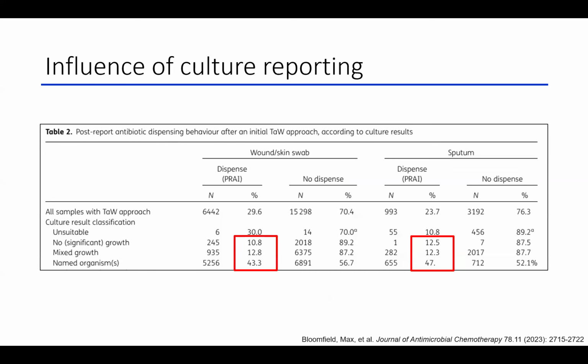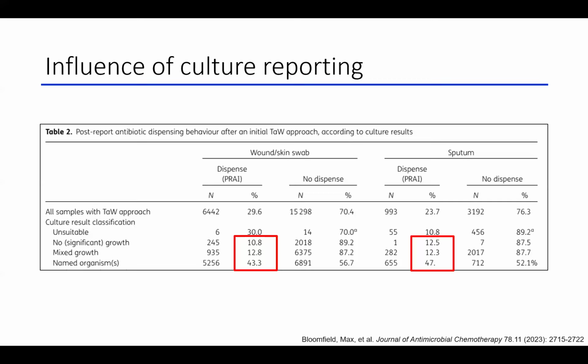You can see here in the red, their options were no significant growth, mixed growth, or name the organism. If you name the organism, 43% of the wound and skin swabs and about 47% of the sputa were treated. If you said mixed growth or insignificant growth, about 10 to 12% were treated with antibiotics.